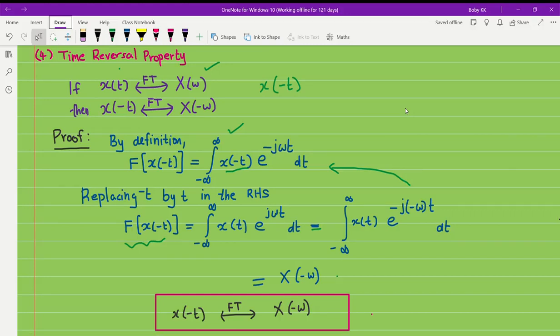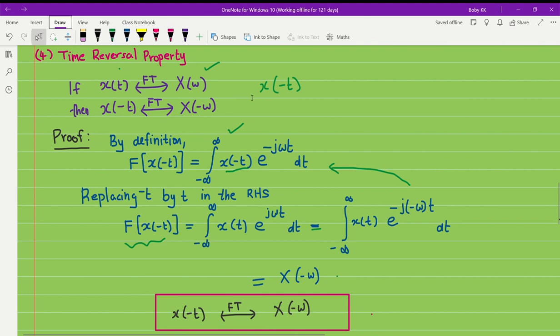Dear students, let us now see the next property of the Fourier transform, that is the time reversal property. If the Fourier transform of x of t is X of omega, then the Fourier transform of x of minus t is X of minus omega.